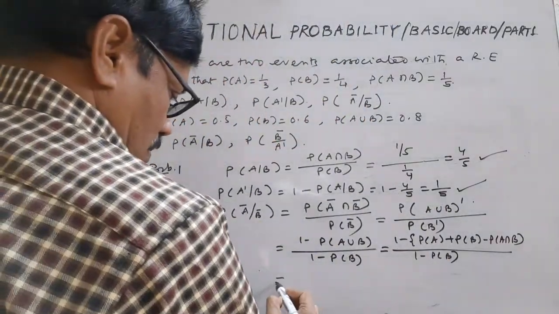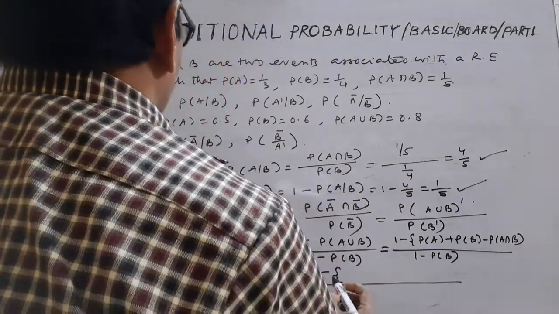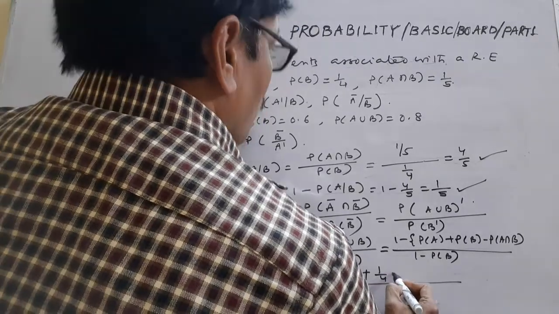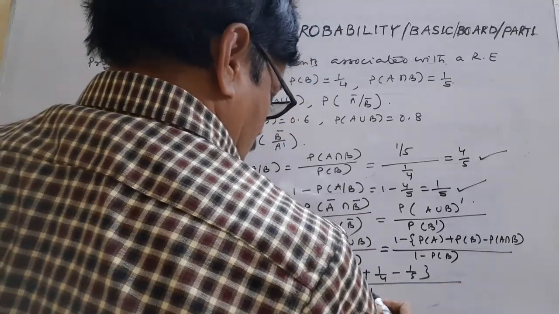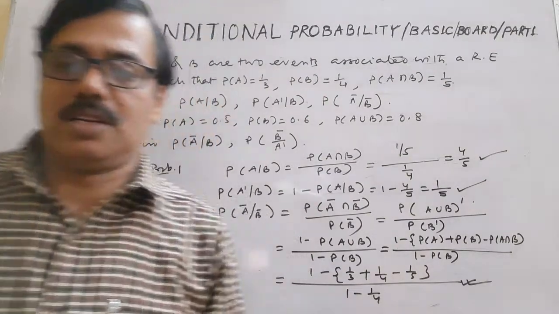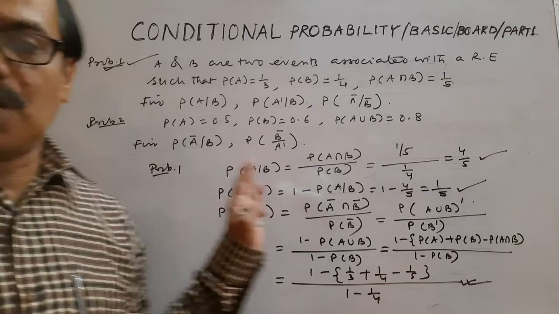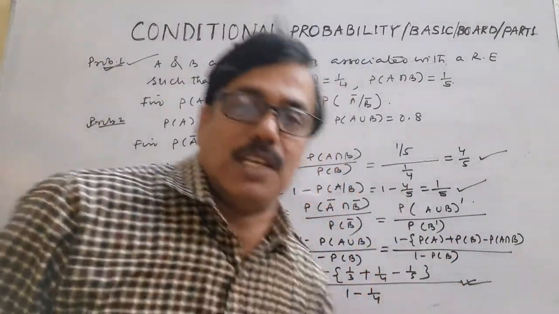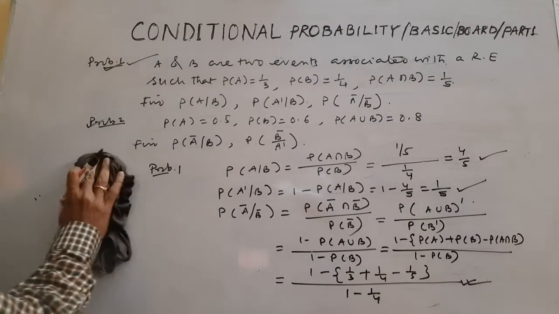So putting in the values, 1 minus, what is P(A)? 1 by 3, P(B) is 1 by 4, this is minus 1 by 5. So 1 minus 1 by 4. So calculating, we get the result. This type of problem is most important for both board and WBJEE. Now you calculate it, problem number 2.